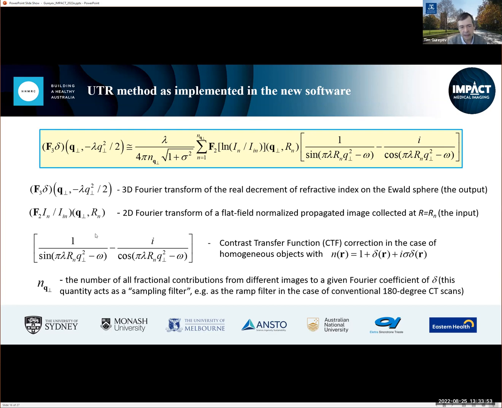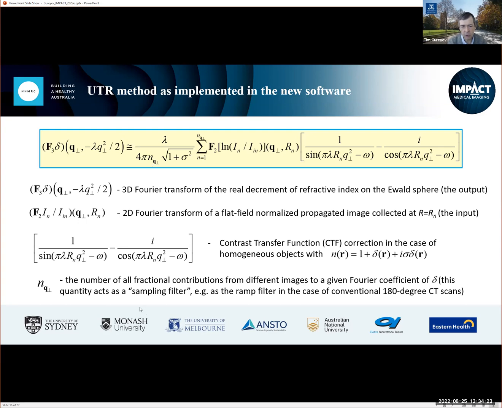And in that sense, there's another last important quantity, which is denoted as n with the subindex q orthogonal. This is basically the sampling filter that counts every fractional contribution of a given image to a given Fourier coefficient in the refractive index. So we count this contribution, and in the end, we divide by the number of these contributions.